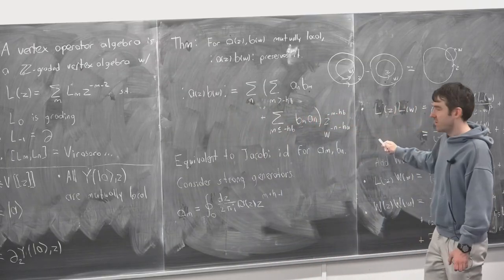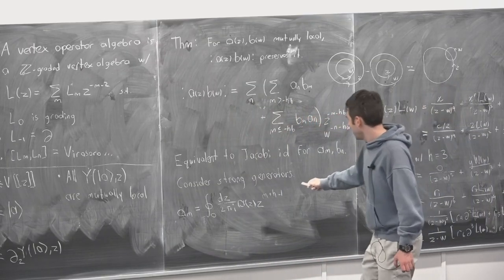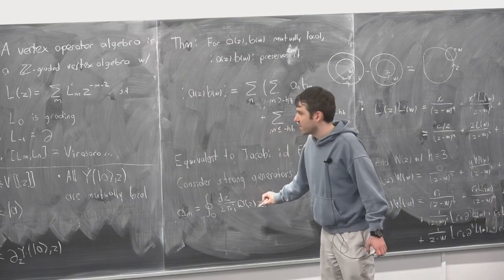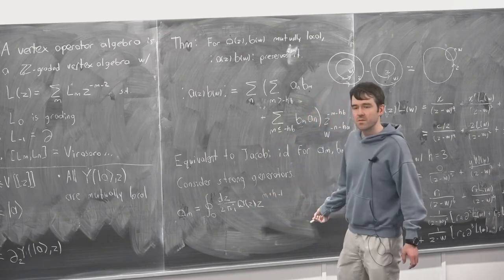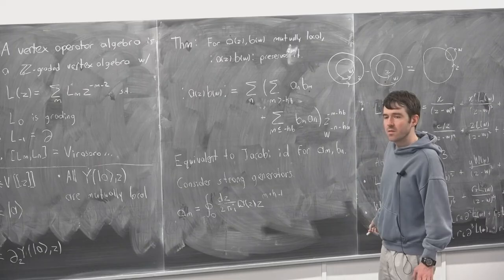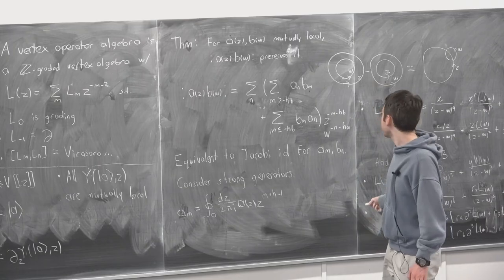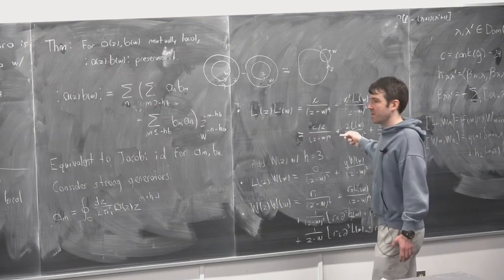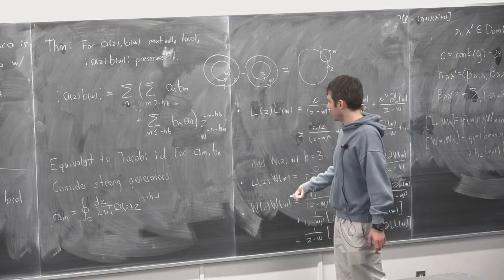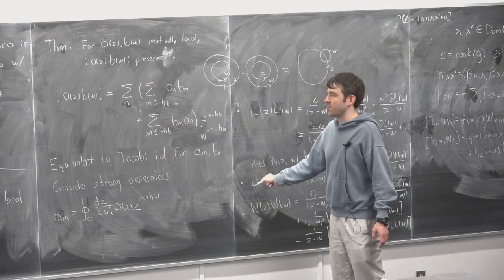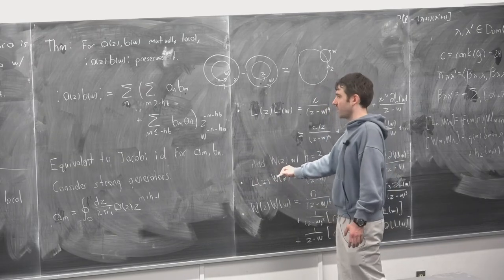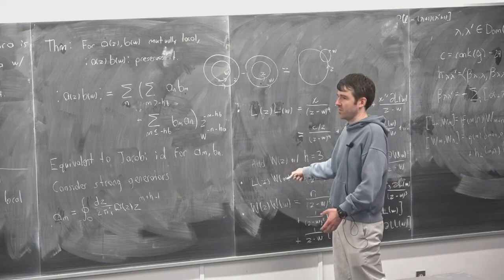Which Z? Yeah, so A of Z is the field on the vector space. So the way it goes is you say how many fields are going to be strong generators. Here we made the choice that it's going to be one field of conformal weight 2, which we know everything about, and then another field of conformal weight 3, whose properties we're trying to solve for.